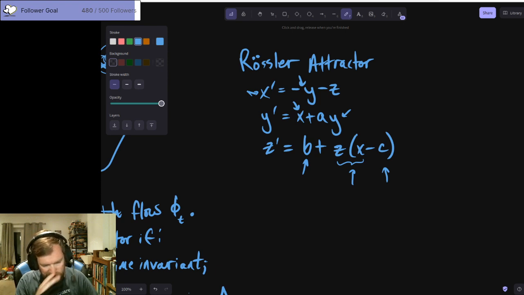I'm not sure exactly. This one says they picked a value of a as a quarter, b as 1, and c anywhere from 0 to 7 to see what would happen.